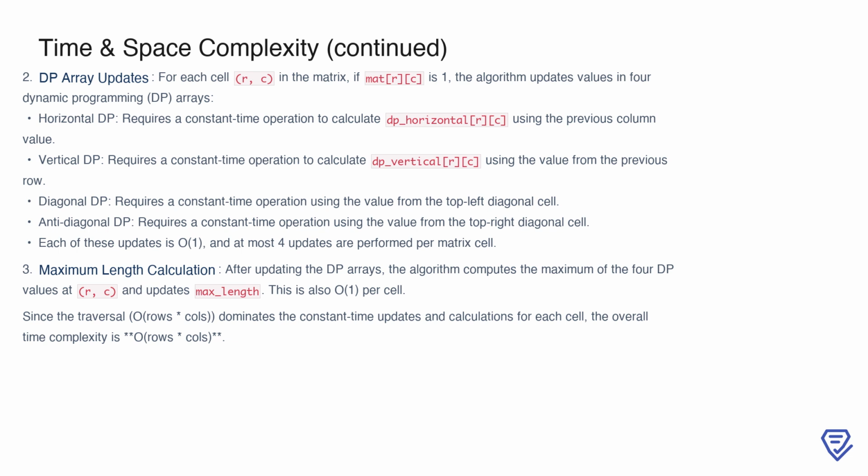Each of these updates is performed in constant time, and at most 4 such updates occur per cell. After these updates, the algorithm calculates the maximum of these 4 DP values for the current cell and updates the max_length variable. This step is also constant time per cell. Since the traversal dominates these constant time operations, the overall time complexity remains O(rows * cols).